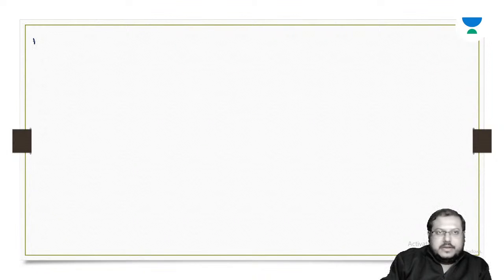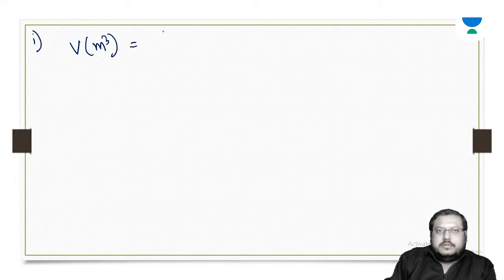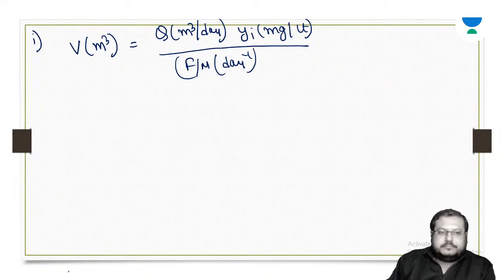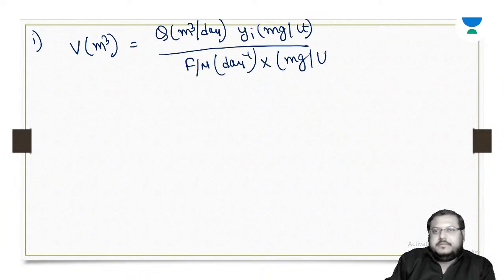So F by M is provided, right? So volume of aeration tank will be volume in meter cube: Q in meter cube per day, Yi in milligram per liter, by F by M in day inverse and X in milligram per liter.